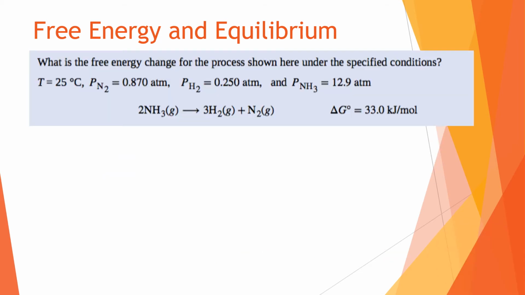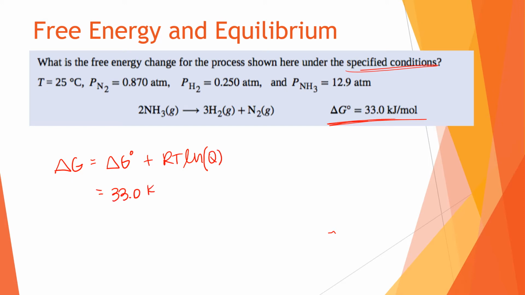So let's look at this example. We are given delta G at standard conditions. That's given to us right here. But we're asked to determine delta G under the specified conditions. So delta G is equal to delta G standard plus RT natural log of Q. All right, so delta G standard is 33.0 kilojoules per mole. That was given to me up above.